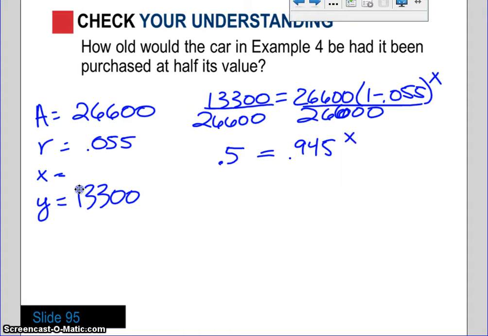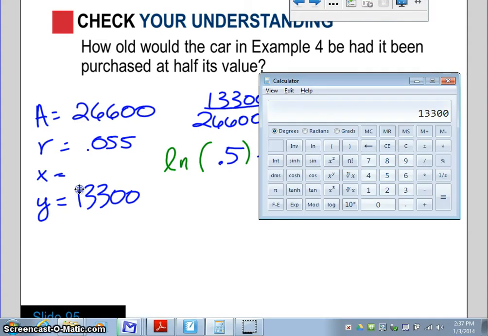Remember now, the next thing we're going to do is take the natural log of both sides. Let's go to the calculator. The first thing is the natural log of 0.5. I got negative 0.6931.